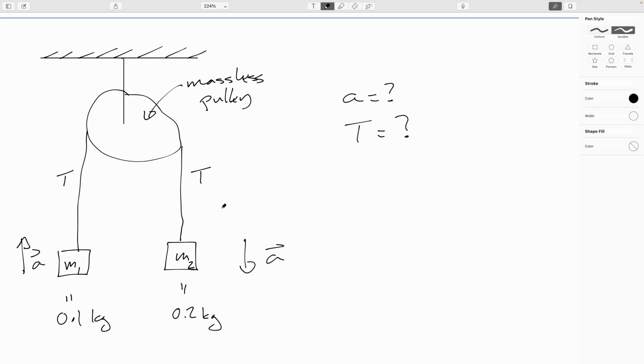I'll be able to argue this more rigorously after we've visited Newton's third law of motion. But for now, I'm just going to ask you to say, yeah, this seems like a very reasonable thing. And it is. Okay. So we've got two unknowns here, which means we're going to need two equations. And at first you might think, well, Newton's second law will give that to me because I'll have x and y.